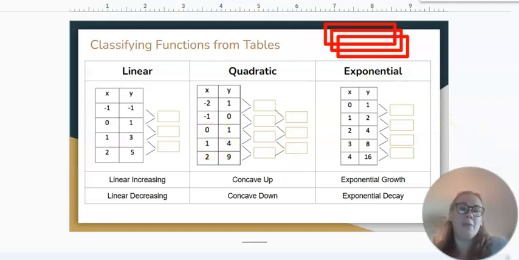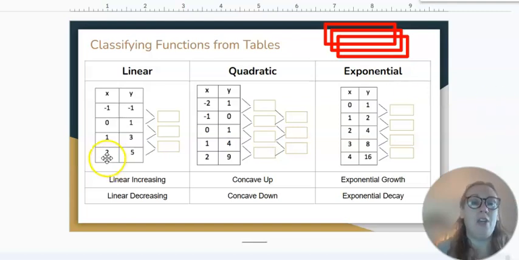Classifying from tables is next. When we're trying to classify whether it's concave up or concave down, or increasing, decreasing, growth, or decay, we can look at a table. So for this first linear one, our x values are just going up by 1 each time. -1, 0, 1, 2.